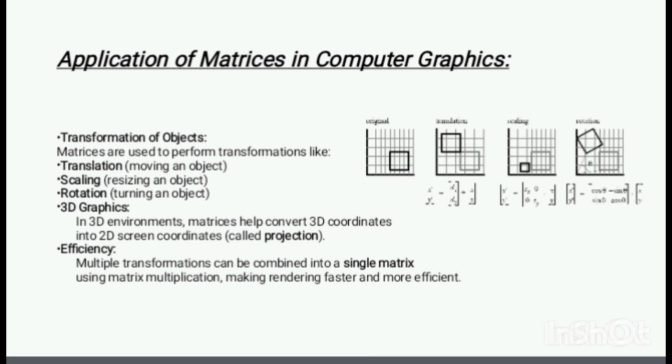In 3D environments, matrices help convert 3D coordinates into 2D screen coordinates, and it's called projection. Efficiency. Multiple transformations can be combined into a single matrix using matrix multiplication, making rendering faster and more efficient.